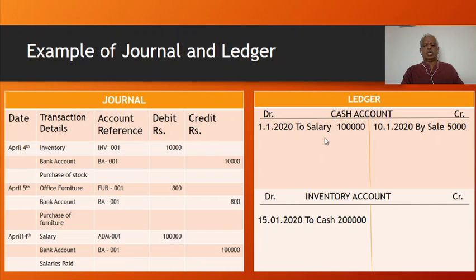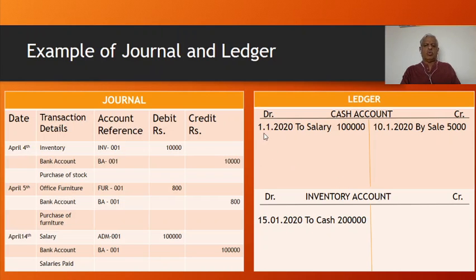Whereas the ledger, as I said, is made in a T shape. See, like this, a horizontal line and a vertical line separating debit and credit. Here we post the information from the journal. For example, the same entries I have not posted. I posted different items for your easy understanding.